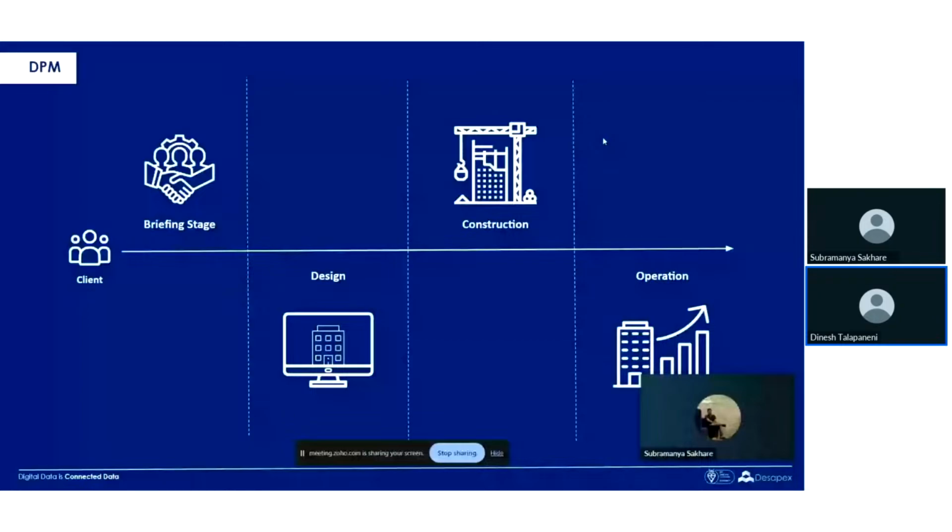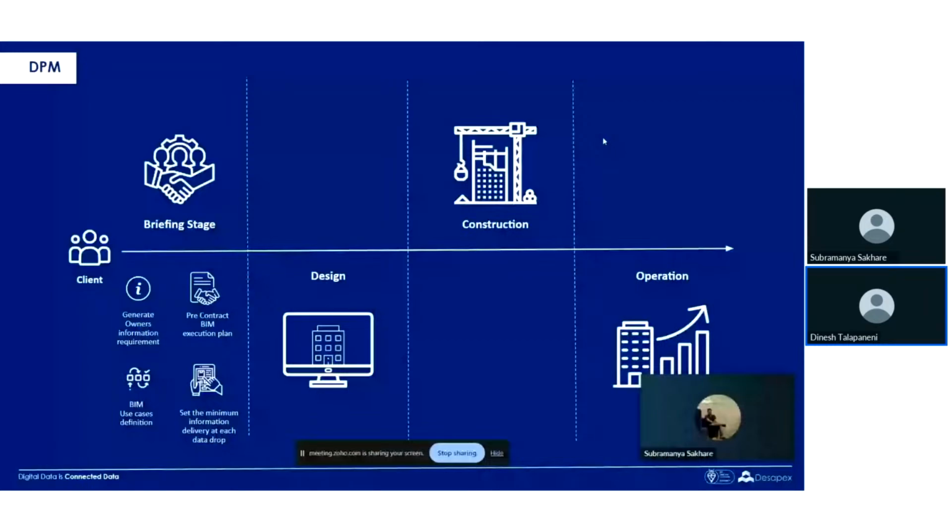We need to understand what use cases we are looking at in this project, so accordingly we set our goals, and the models have to be developed based on the requirements. If you're doing 4D, you need to understand what needs to go into the model. All these things have to be done at the briefing stage to understand our BIM goals and our information requirements.